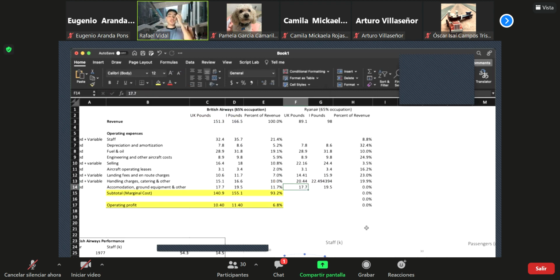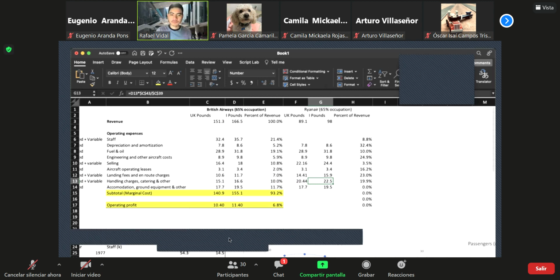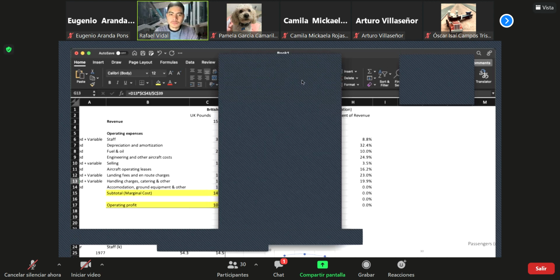So what do you think? Is this going to be profitable or not? Before I calculate something else, let's do a poll. Let me add this just as a first guess.